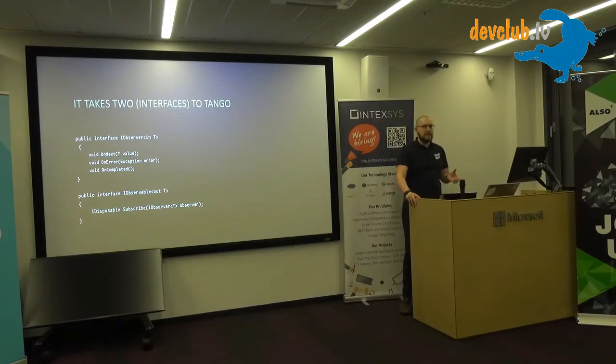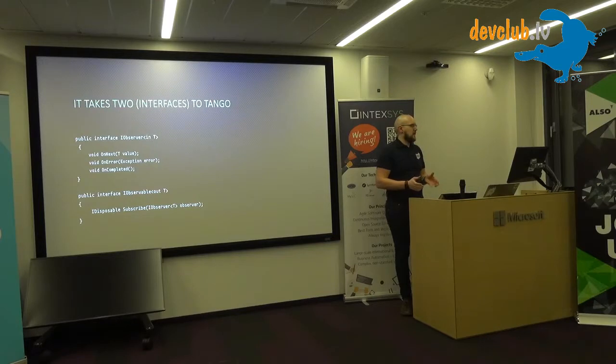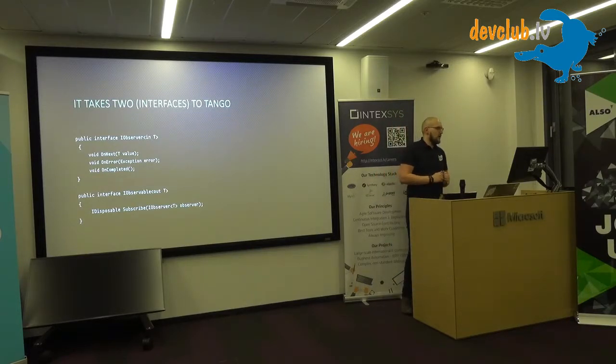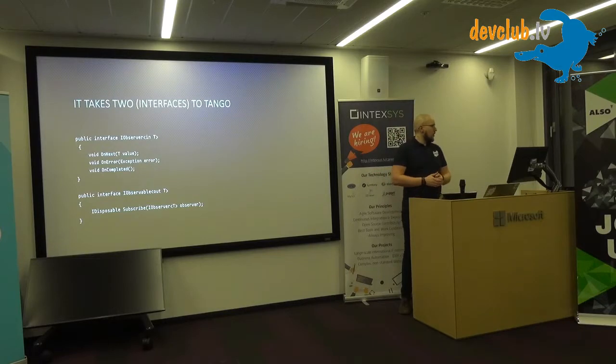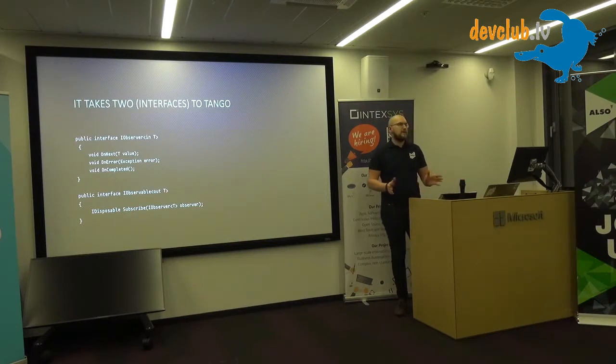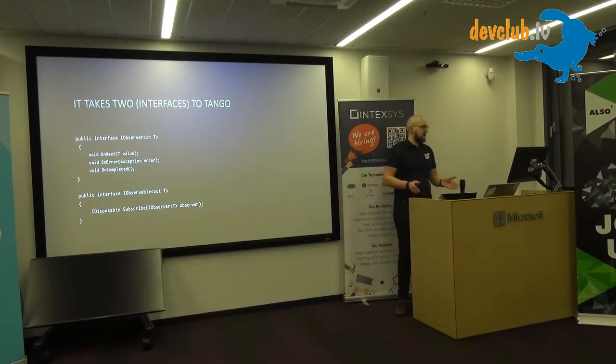When things happen in observable land, somebody calls those methods to say either that, okay, I got the next value, do something with it, or, sorry, I encountered something bad, here's your exception. Or when the thing which produces values knows that, okay, we are done, there's nothing more going to happen, no values at all coming, it calls OnCompleted.